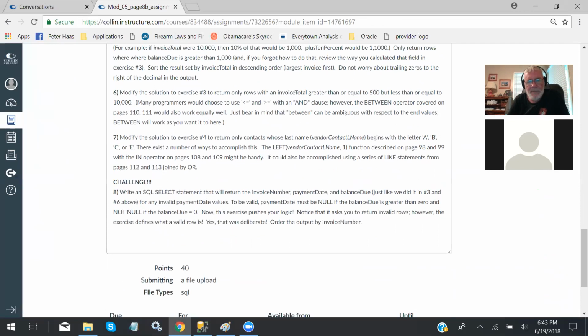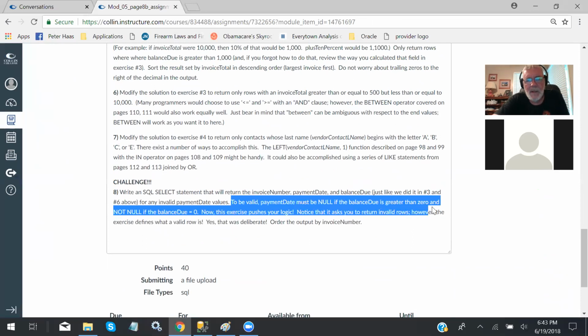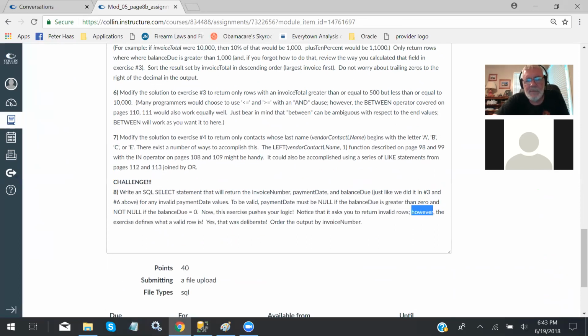This one is tricky. For this one, look at it. I'm asking you to return invalid records, but I'm telling you here what to be valid it must be. To be valid, the payment date must be null if the balance due is greater than 0.